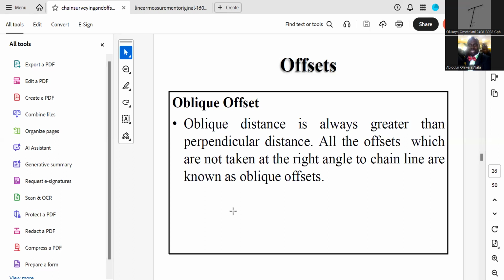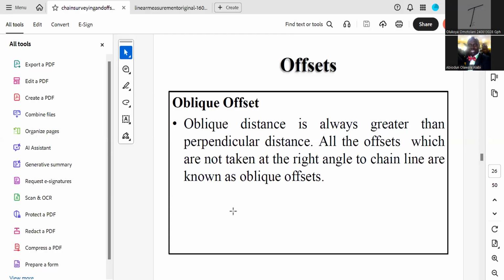A tilted line will always be longer than a straight line that is perpendicular. Of two lines, the one that is perpendicular to the main line will actually be shorter than the one that is bent.